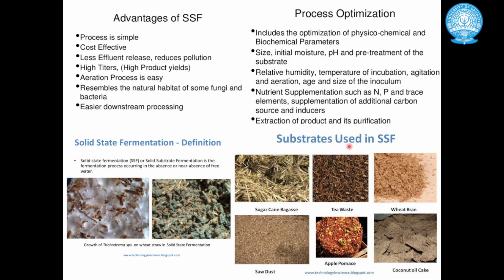These are some of the substrates used in solid state fermentation, like sugarcane bagasse, tea waste, wheat bran, sawdust, apple pomace, coconut oil cake. And these are two examples, as you are witnessing here, of the growth of fungi like Trichoderma on wheat straw, from where you can extract the biomass and then finally go for purification of enzymes and that kind of thing.